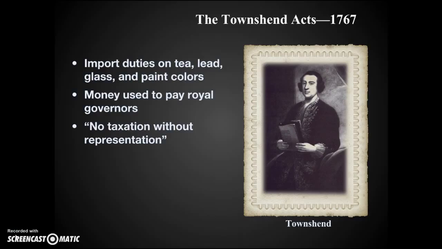They were an attempt to get Americans to pay extra taxes on a variety of items most often used in the colonies, such as tea, red and white lead, which were paint pigments, glass, and paint tints. The money raised by taxation was used to pay royal governors in Great Britain, and the colonists had no official representation within the government. No taxation without representation became a rallying cry for American revolutionaries.